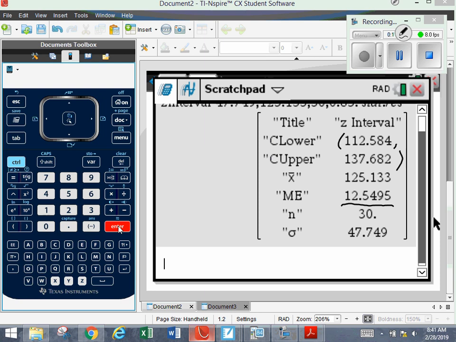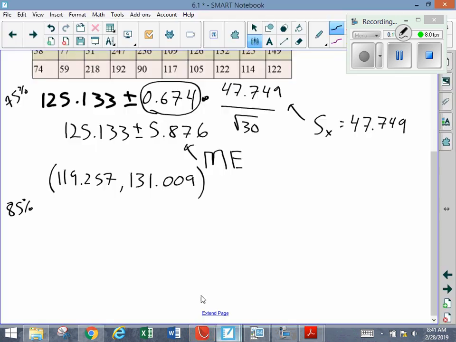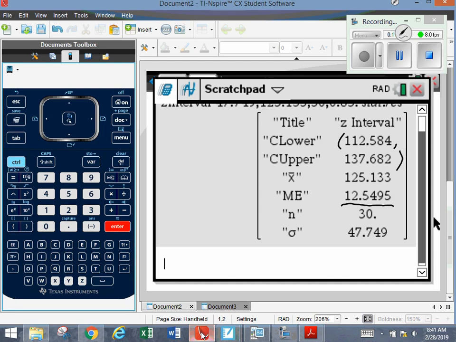All right. So 12.549. So for 85, we will wind up with 125.133 plus or minus. It's not going to give us a critical value, I'm almost positive. So if you really needed the critical value, you could get it from your table or go inverse.